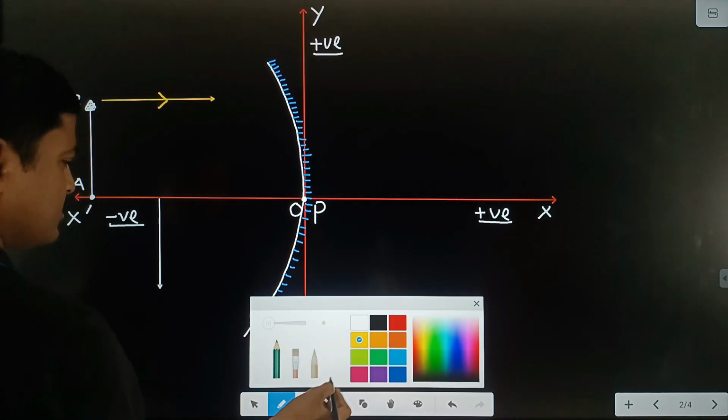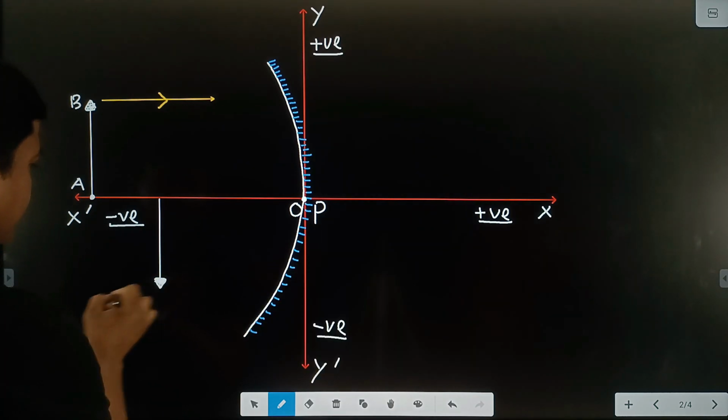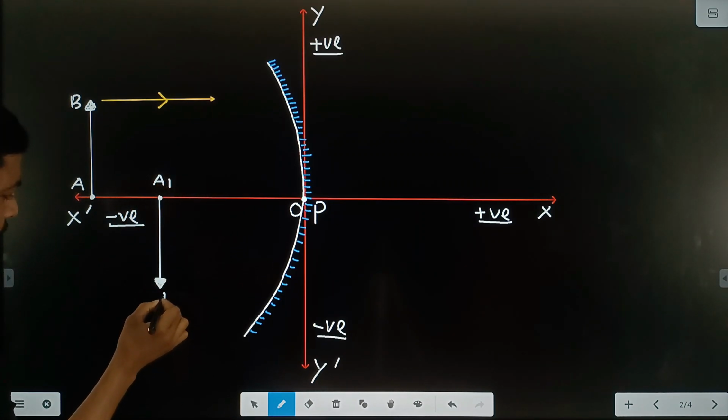Suppose this one is the position of the image. Here the image is situated in the downward direction, and for the size or height of the image we write A1 B1. Clear?